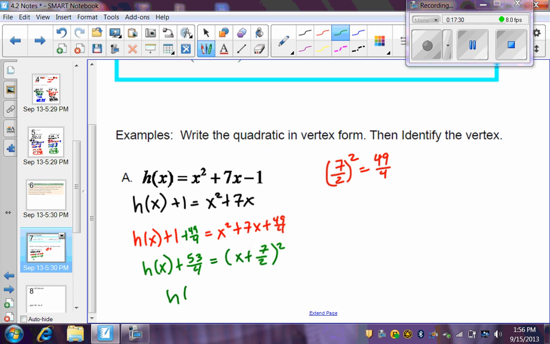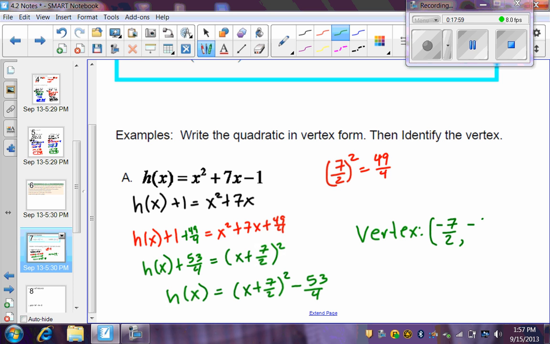So that gives me h of x, opposite of addition is subtraction, equals x plus 7/2 squared minus 53 over 4. And then you can identify where your vertex is. It's the opposite here, so since that's a plus 7/2, that tells me my h value is negative 7/2, and the k value is negative 53 over 4.